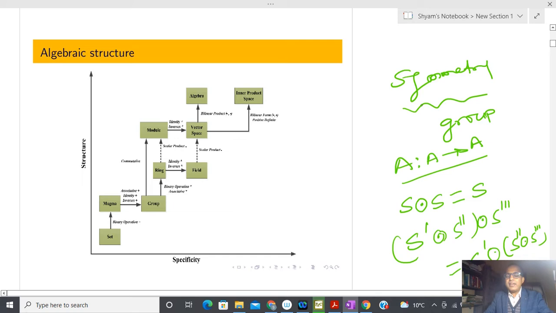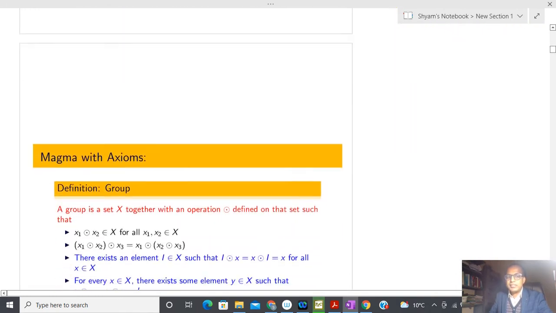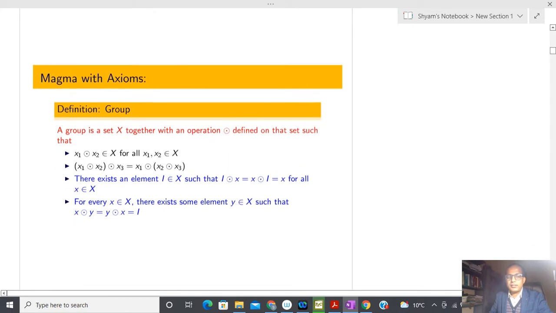They found that if these four properties are satisfied, then it becomes more relevant for me. So let us see how this is involved in our physics or other places.